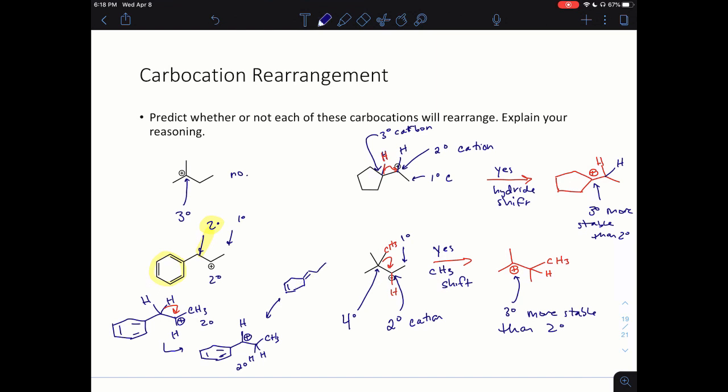And I can draw a couple more resonance structures, but I'm not going to do it right now because this is supposed to be a short video. But so this is going to be lower energy because it's delocalized. So delocalized, conjugated, can draw resonance structures, all different ways of saying basically the same thing. So this cation is lower energy.